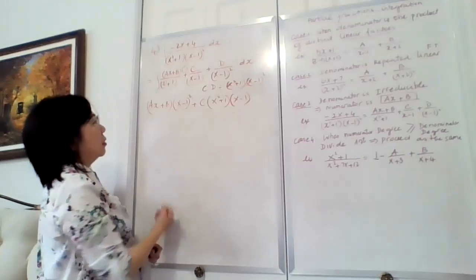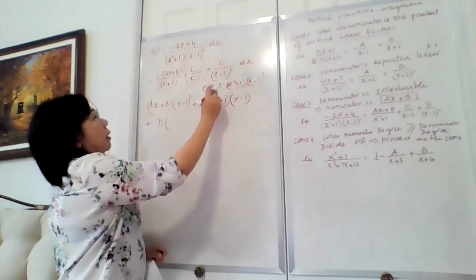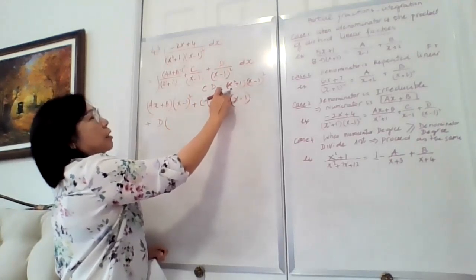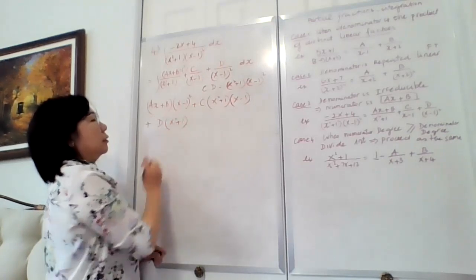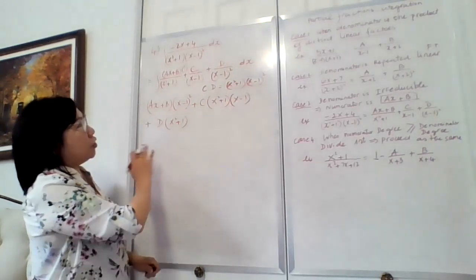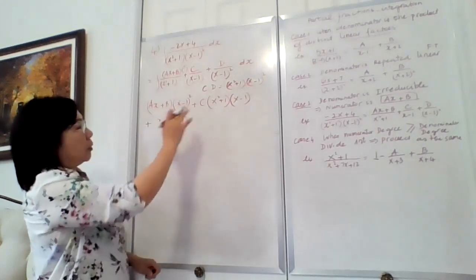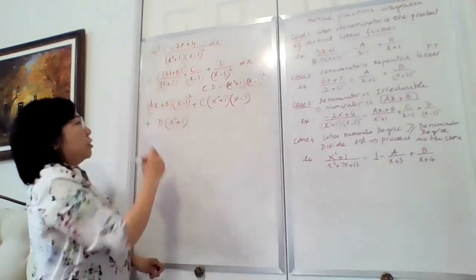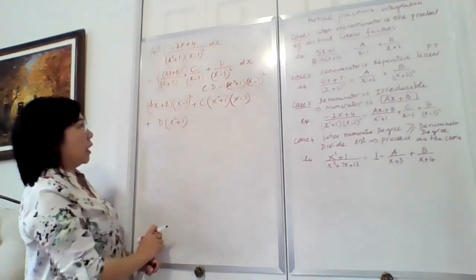So that's the C. Adding with the D now, I already have this bracket, so I just have to time with this to get common denominator. So x squared plus 1. That now I make common denominator, but I just ignore the denominator for now, right? I just work on the numerator. And I also ignore the integration sign just for a moment, right? So that I can handle that.